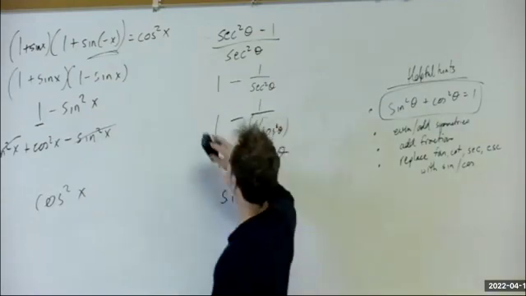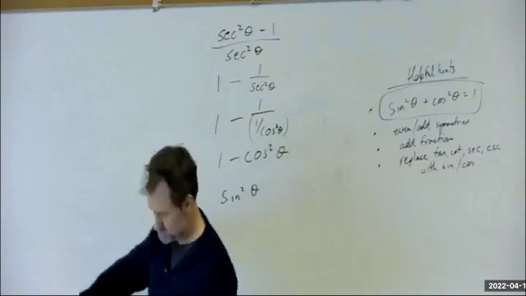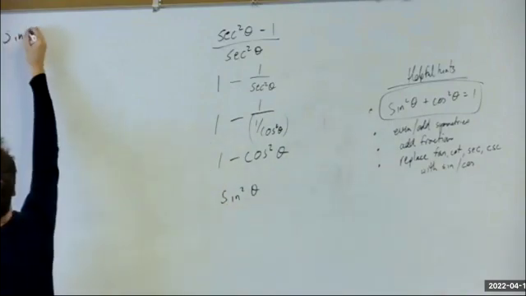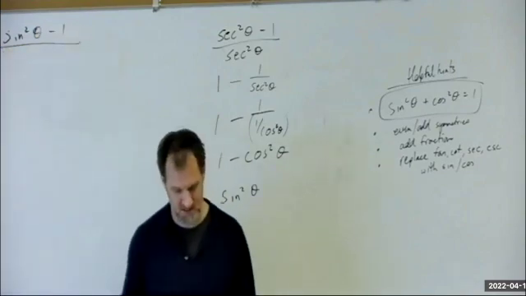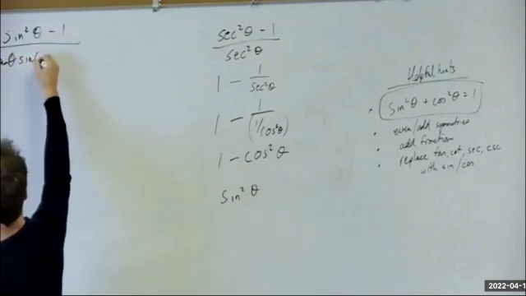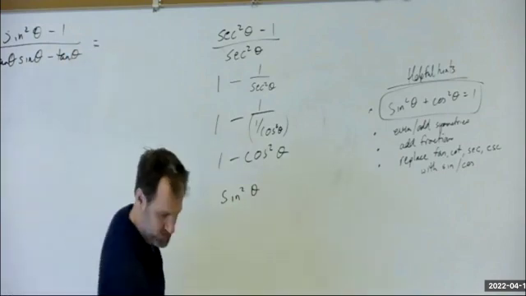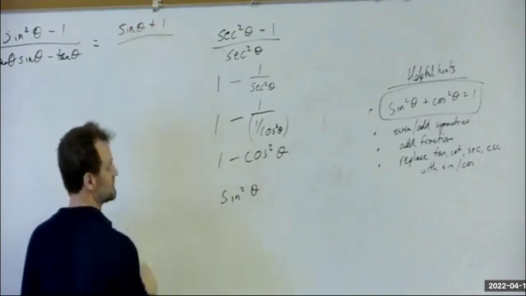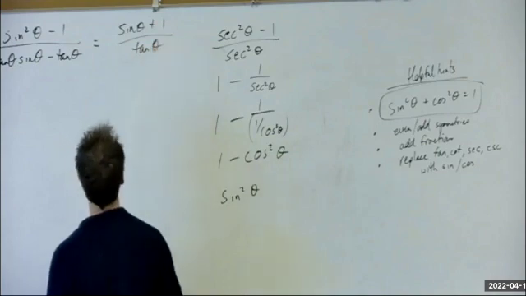Okay, last one. Sine squared minus 1 over tan theta, that's supposed to equal sine theta plus 1 over tan theta.